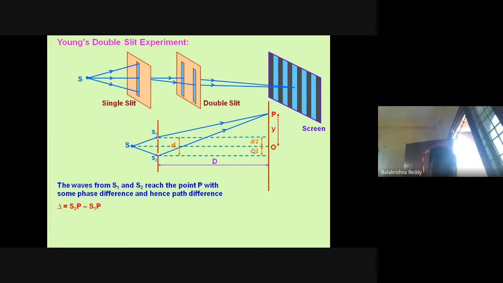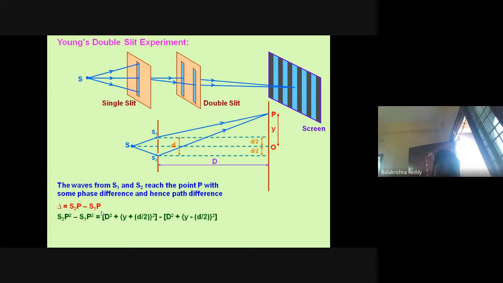Now, when two or more waves interfere, we can write the path difference between the two waves as delta equal to S2P minus S1P. You can see here, this is the S1P distance, this is the S2P distance, with respect to the fringe. There are two ways. S2P minus S1P, like A minus B, I can write as A plus B into A minus B, A square minus B square.